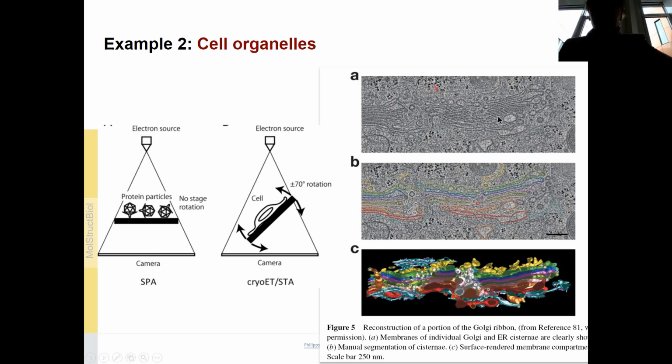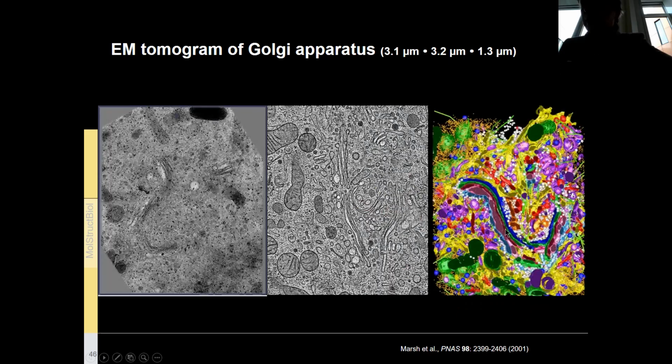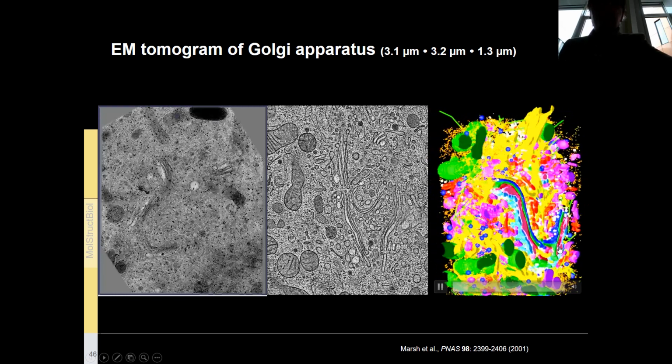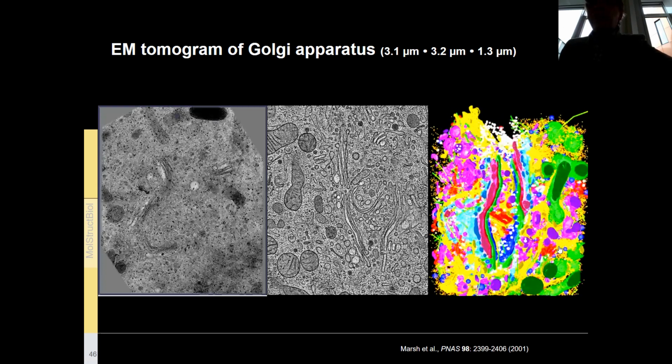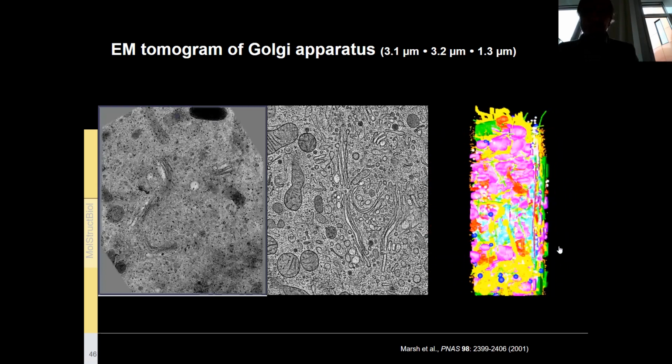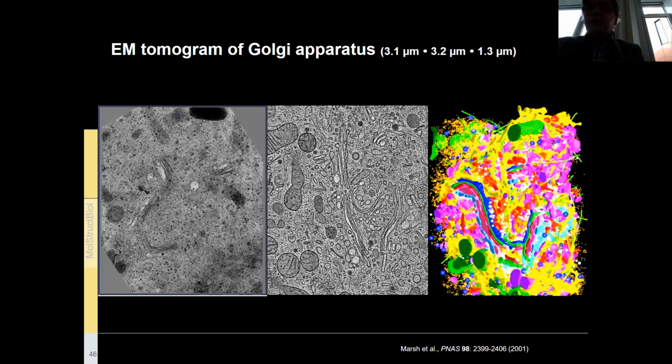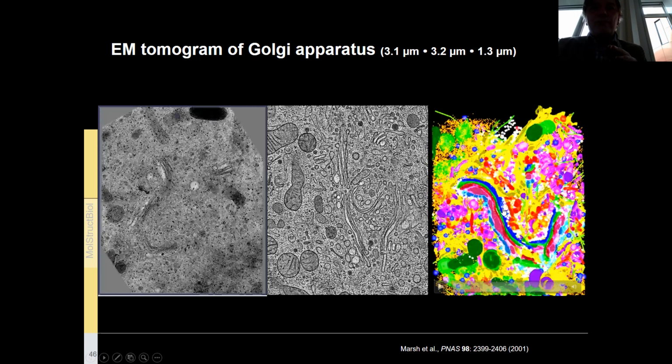Here on the right-hand side you see a reconstruction of some part of the Golgi apparatus. Very fancy. I think I have a fancier one here, also with a reconstruction. You see a reconstruction of the Golgi apparatus in its context with transport vesicles and so on, and probably ribosomes, I don't know what these dots are, attached to the surface of ER-like structures.